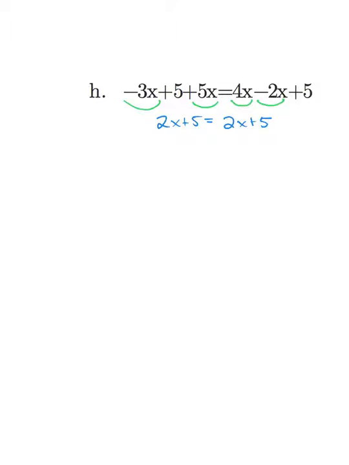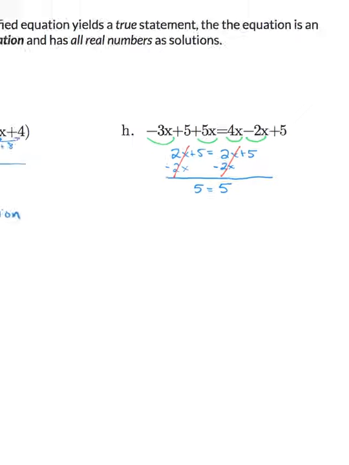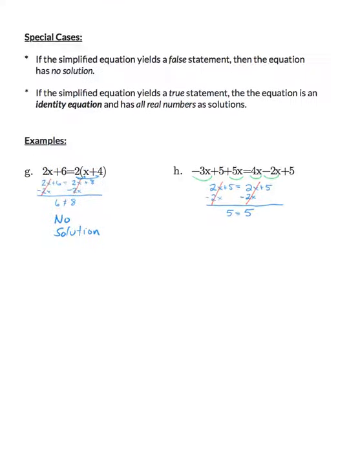My next step, if I was going to solve, would be to subtract 2x from both sides. And note that if we do this, just like on the previous one, our x's cancel on the left, they cancel on the right. The difference is, on this one, I am left with 5 equals 5, which is a true statement. Now keep in mind that we are not checking, we are solving. And so this is our second special case.